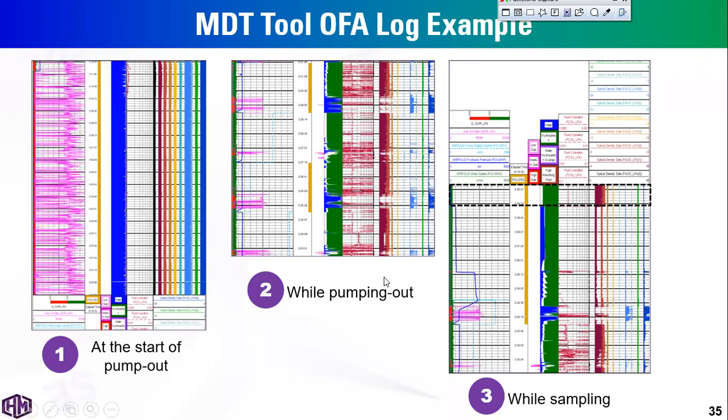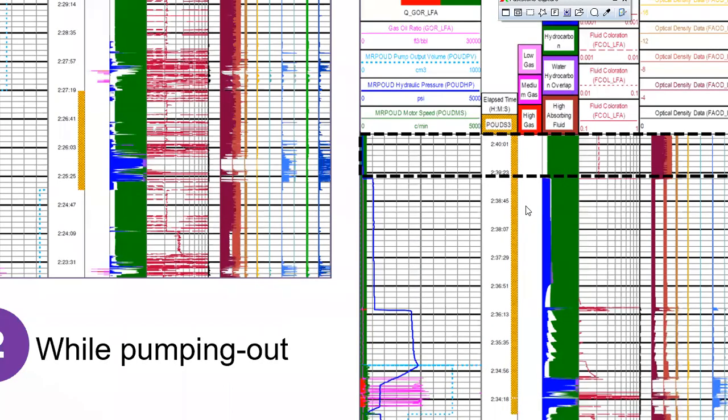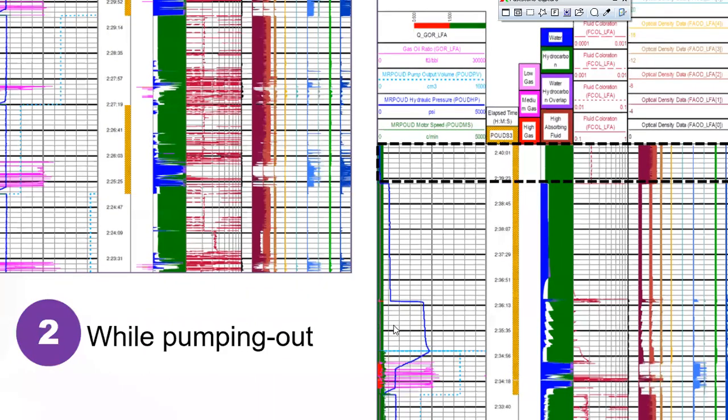While pumping out, we have clean oil and some batches of water or mud filtrate. And at sampling time, we have complete or 100% oil and very low or maybe no mud filtrate. This is at sampling time.